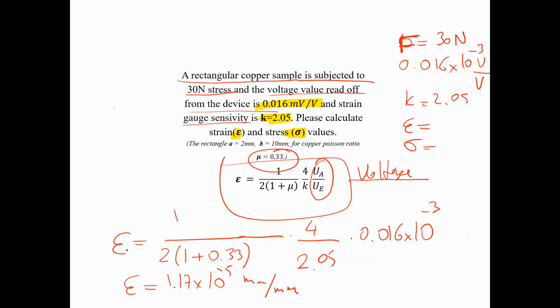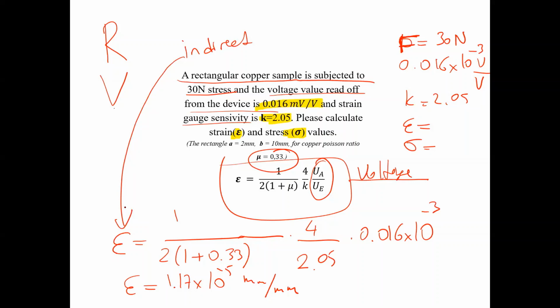What I'm saying here is, this is an important point I'd like to mention, that you cannot measure this small amount of strain directly. But you can measure R value or voltage difference. So indirectly, ladies and gentlemen, you could calculate strain value, which is 1.15 times 10 to minus 5 millimeter per millimeter.